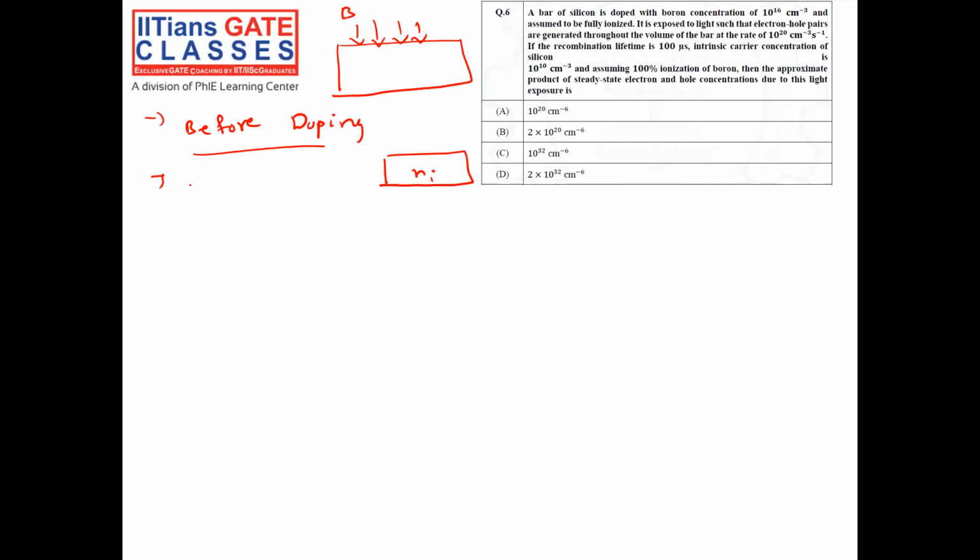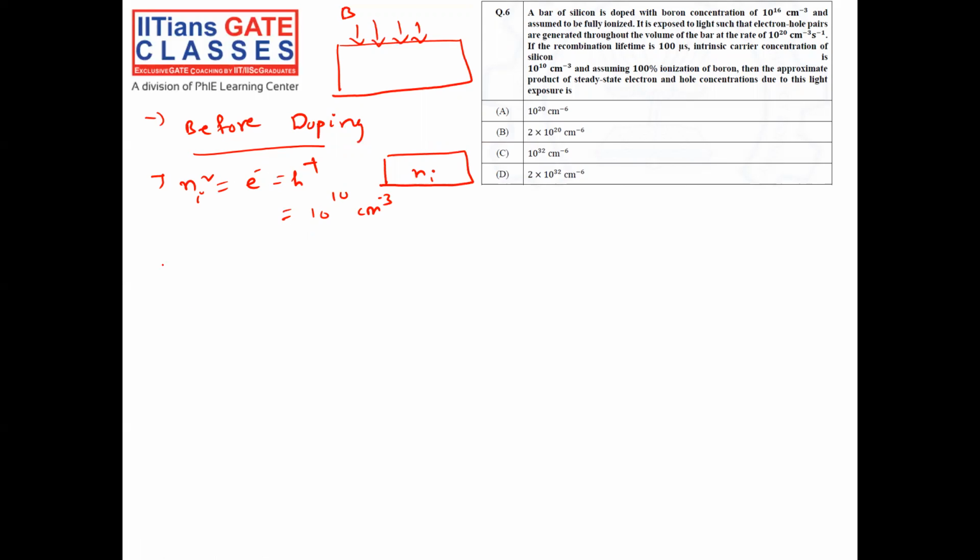In the intrinsic semiconductor, the carriers are generated mostly due to thermal energy. So the electron concentration and the hole concentration are equal, each given as 10 power of 10 per cm cube.